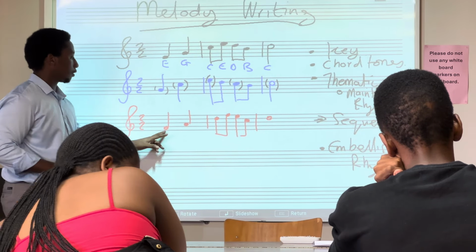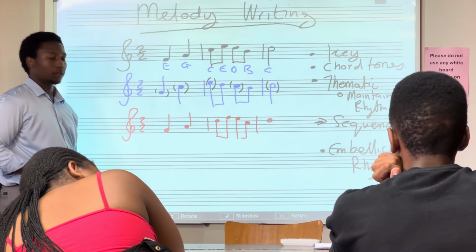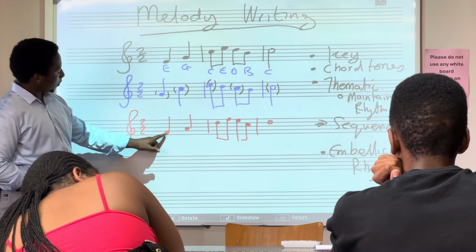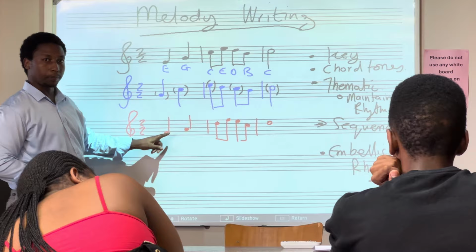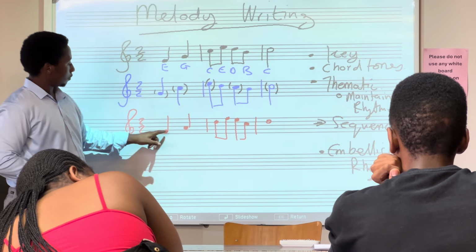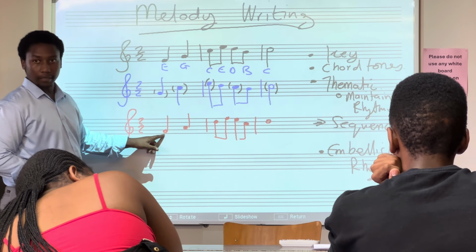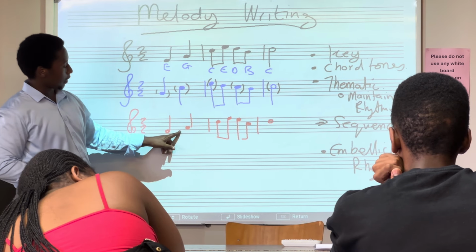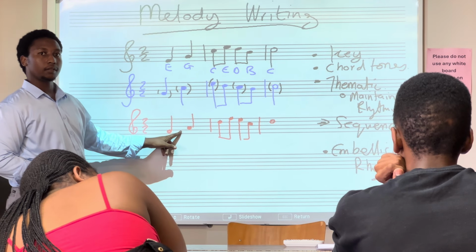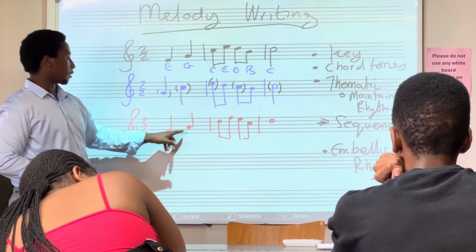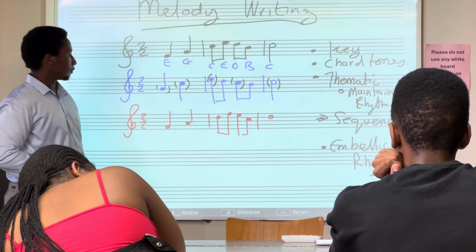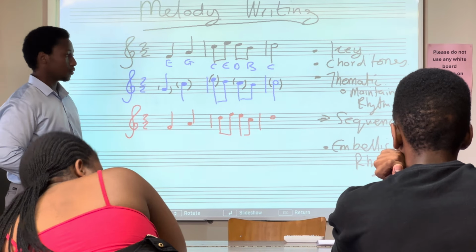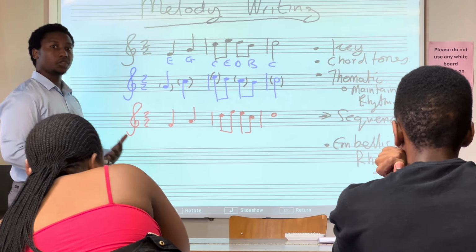So you can say, crotchet is boring. What can I add maybe from here to there? I can approach these notes there. So rather than using a crotchet from F to A, I can maybe add the G in between, and then land on this. I can say ta, ta, ta. So you're now embellishing the rhythm.